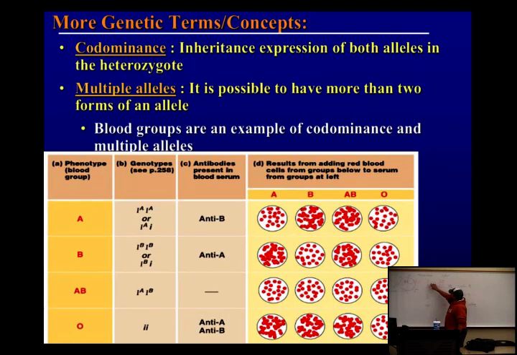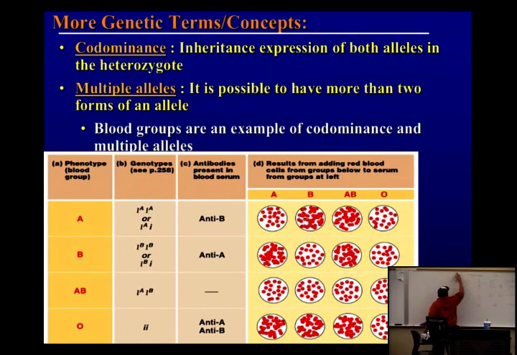O? So O is, you can only get O. Does that make sense? So what would you make here then? Anti-B and anti-A. You would make anti-A and anti-B because O's don't have anything on their surface.